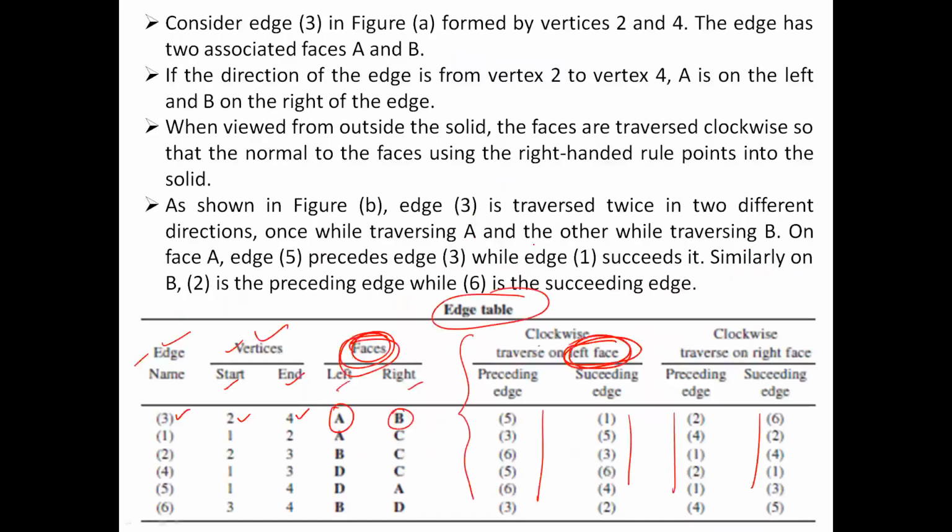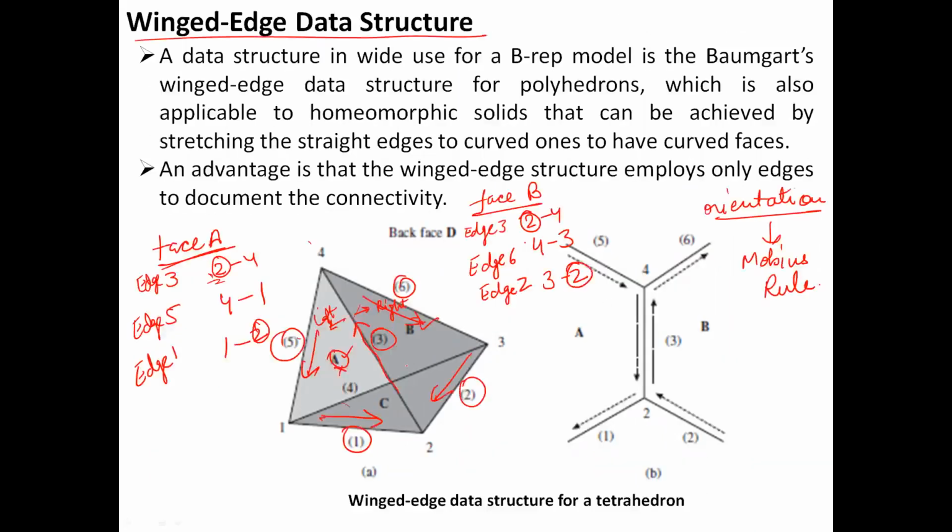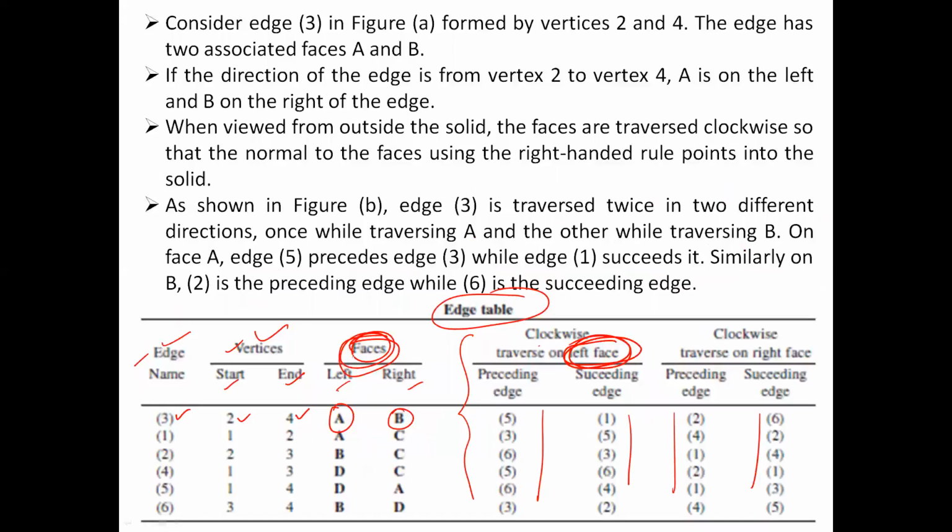So now you come over here. Now see, in the clockwise traverse on the left face, if you look at the left face, this is your left face, A. Which is the preceding edge and which is the succeeding edge? That you have to find.